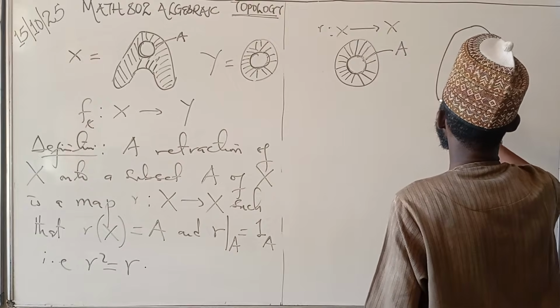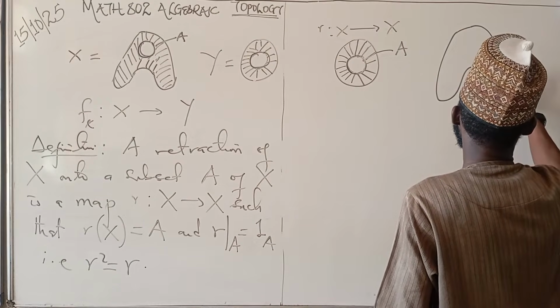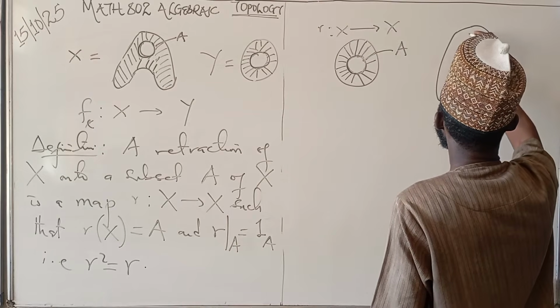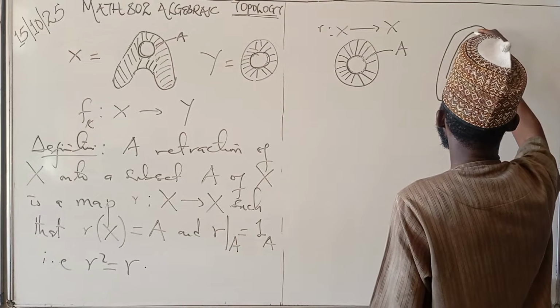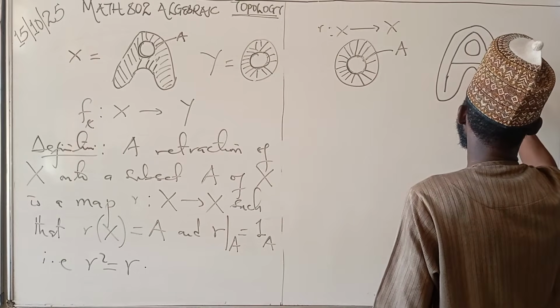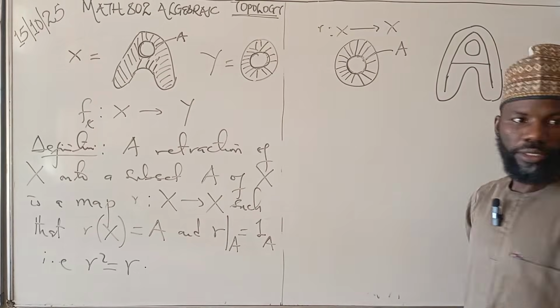In the book, this is also there. In this example, you can think of having a thick A and then a thin A sitting inside as a subset.